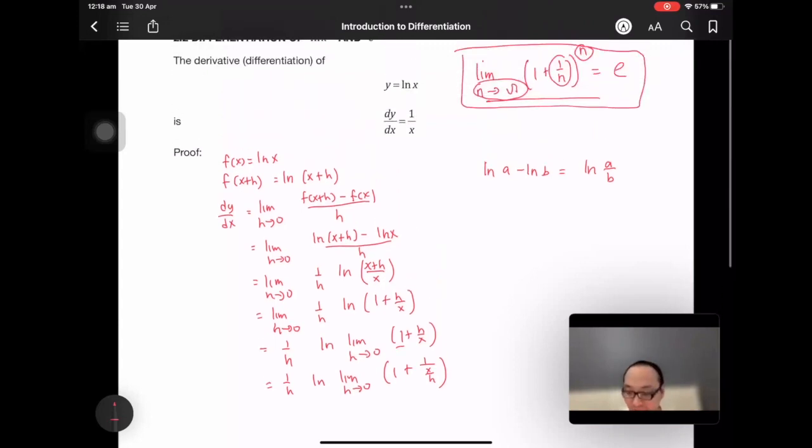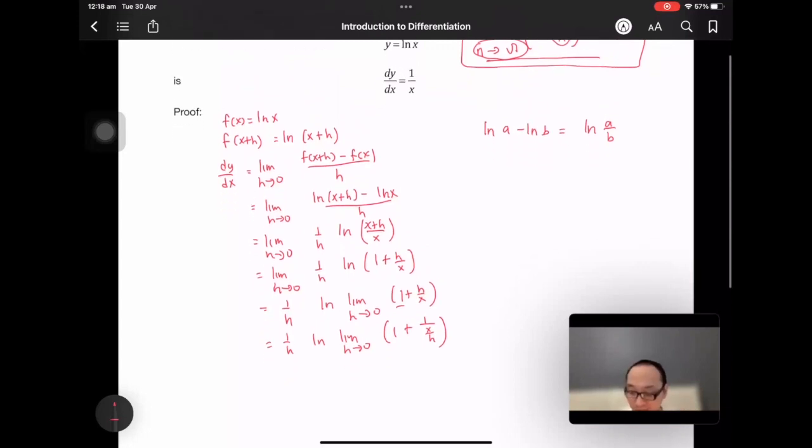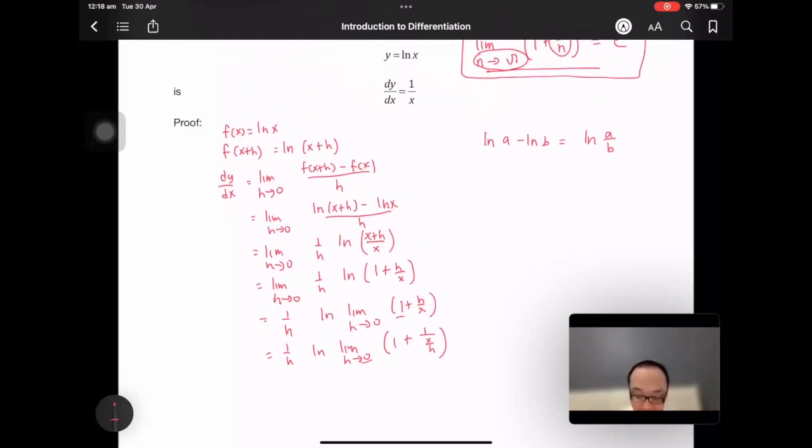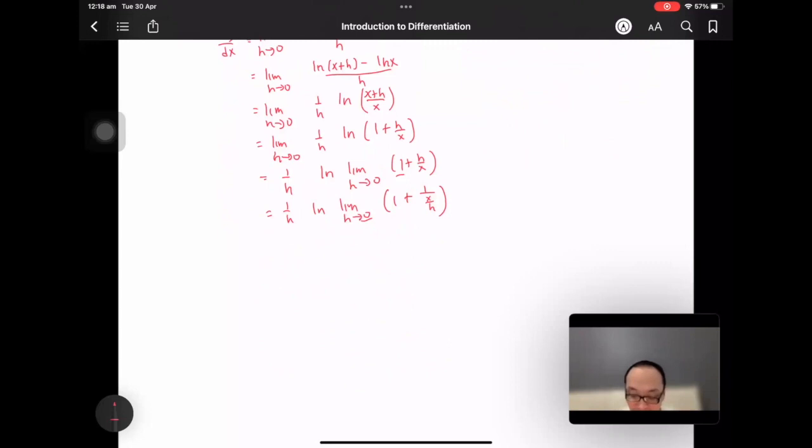Okay, we have a similar form, but it's still h approaching 0 instead of infinity. So we have to change it. Now, if you see from here, when h approaches 0, then x over h will approach infinity.